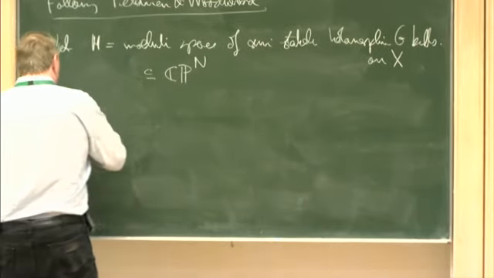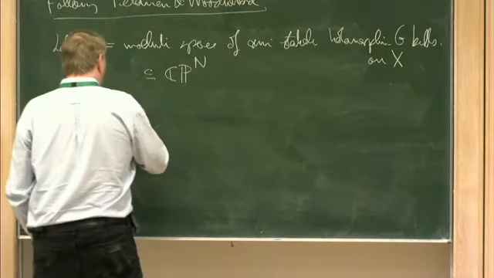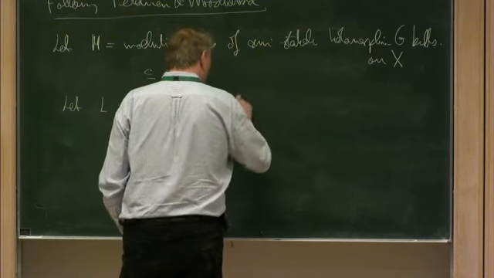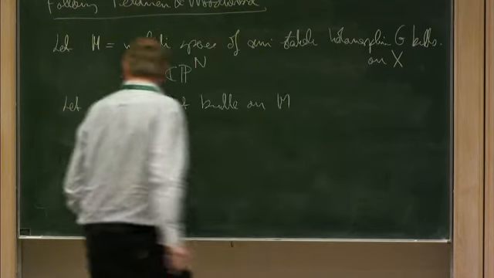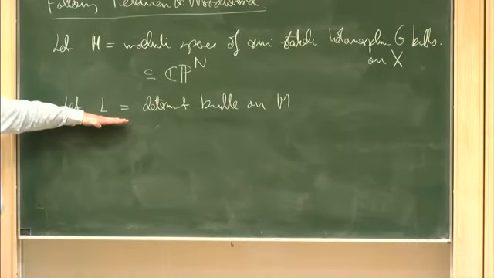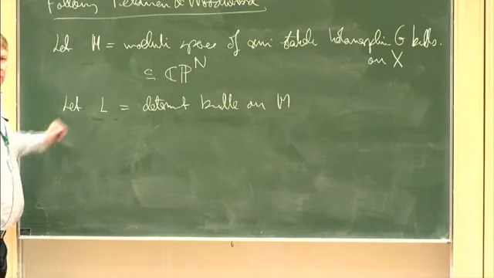And so I'm going to let L be the determinant bundle on M. The Picard group of this moduli space is a copy of the integers, and this is an ample generator.